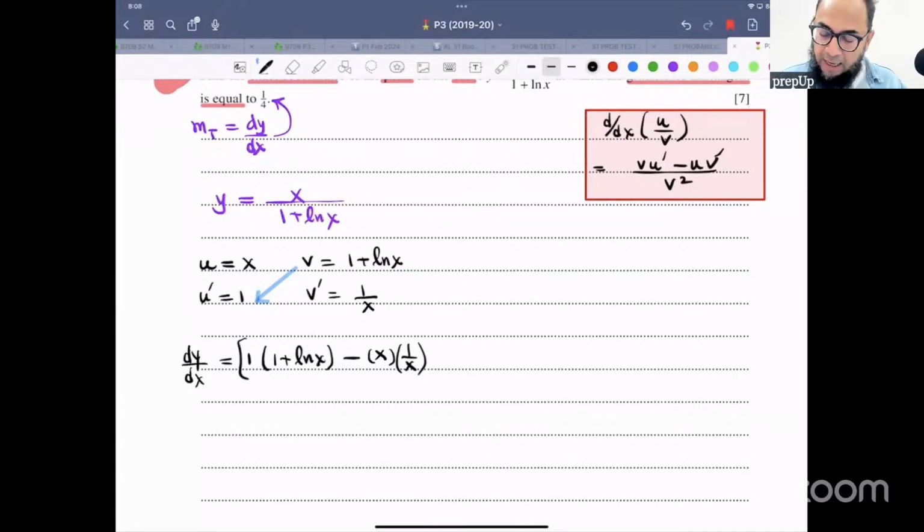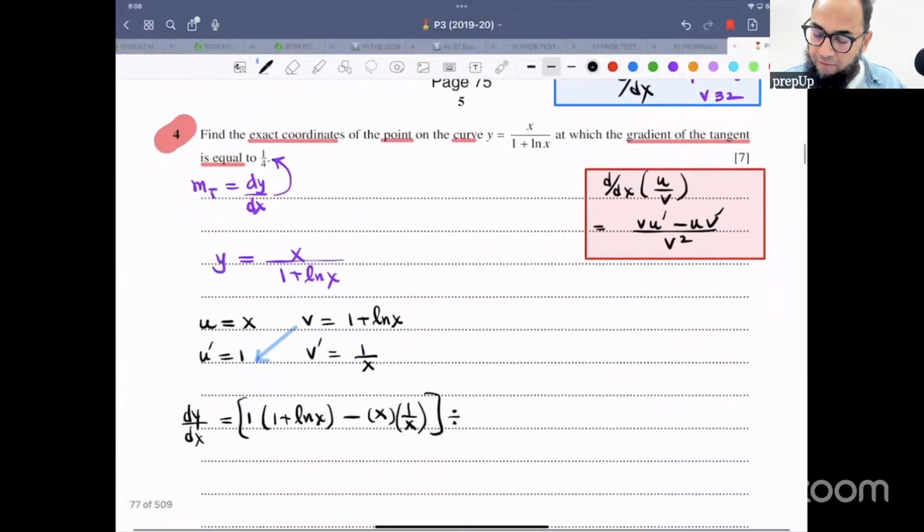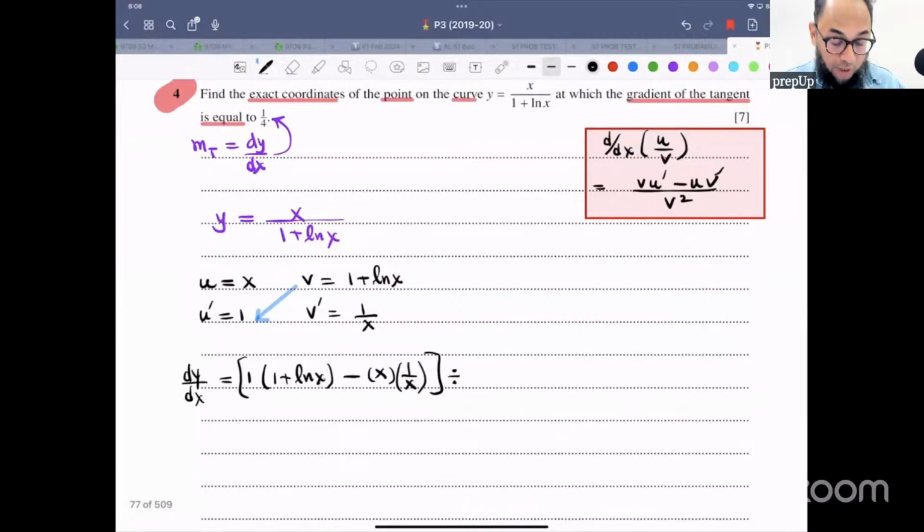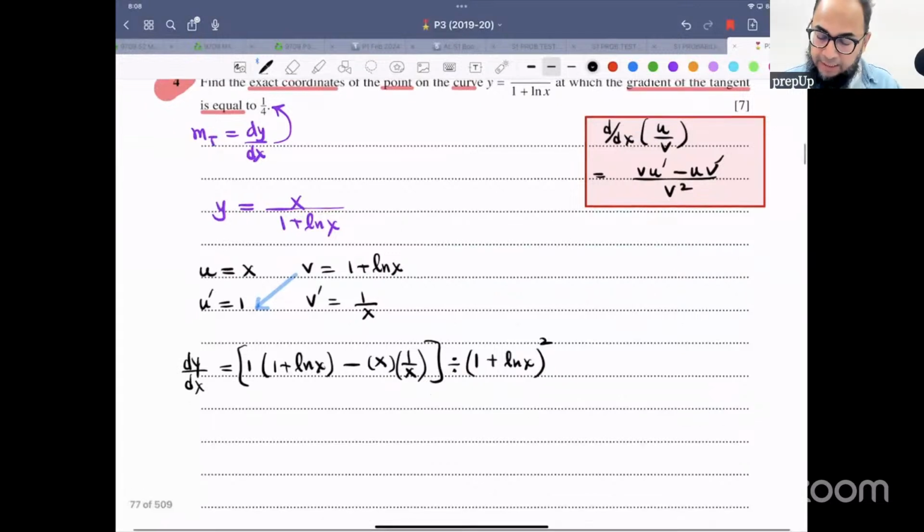And this whole thing is divided by 1 plus ln x, the whole thing square. All good, all clear? Now, once you have this thing, let's proceed.